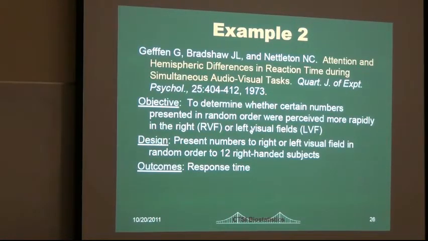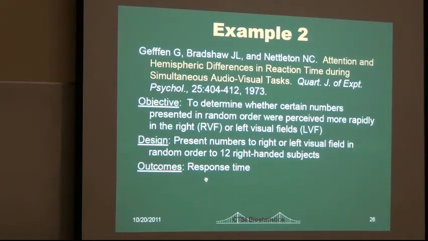Right? Most people think, if you're right-handed, it means that you are quicker perceiving numbers on your right side, right? Because it's your dominant side. So in this case, they want to test the hypothesis to see if you're right-handed, is it true that you perceive numbers quicker in your right visual field?